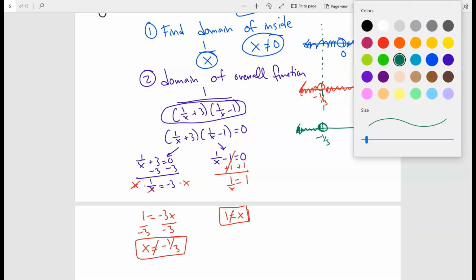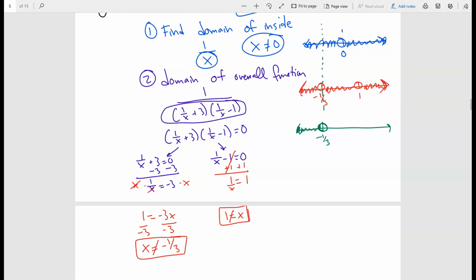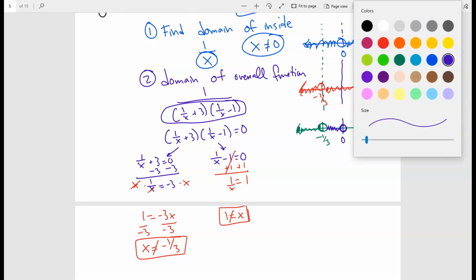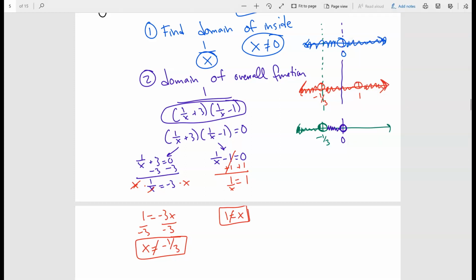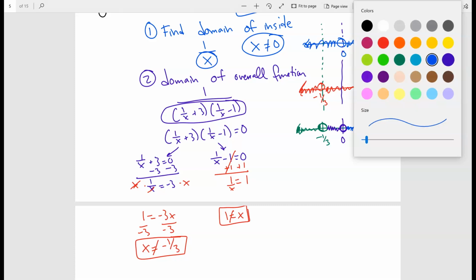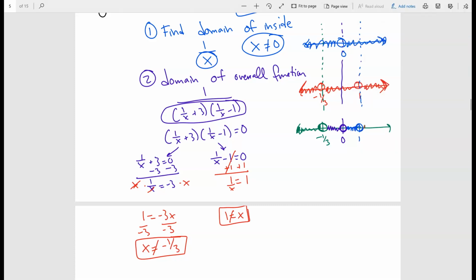Then everything seems to be good until you get to 0. So all of this space right here is good until I get to 0. 0 is not included. Then I continue on all the way until I get to 1. 1 also is not included. And then the rest of it is good as well.